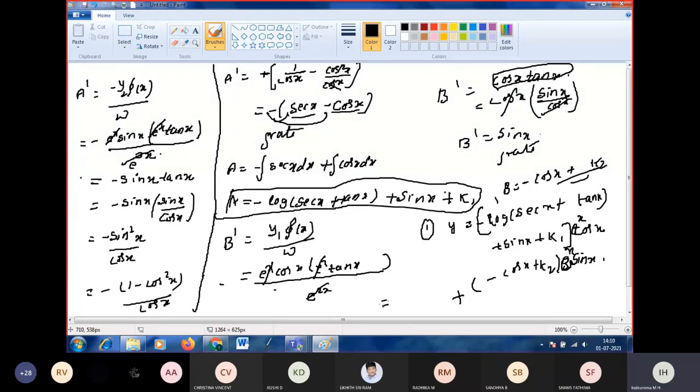As I told you earlier, the general solution will be written by first multiplying the terms with the constants.